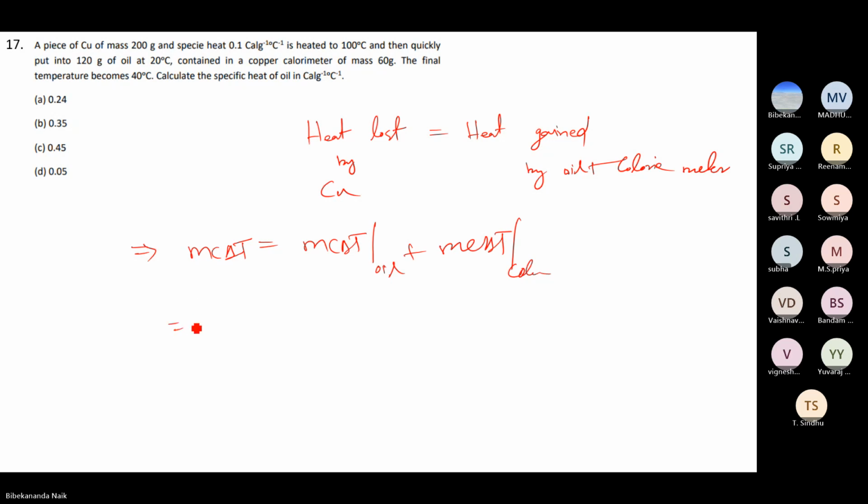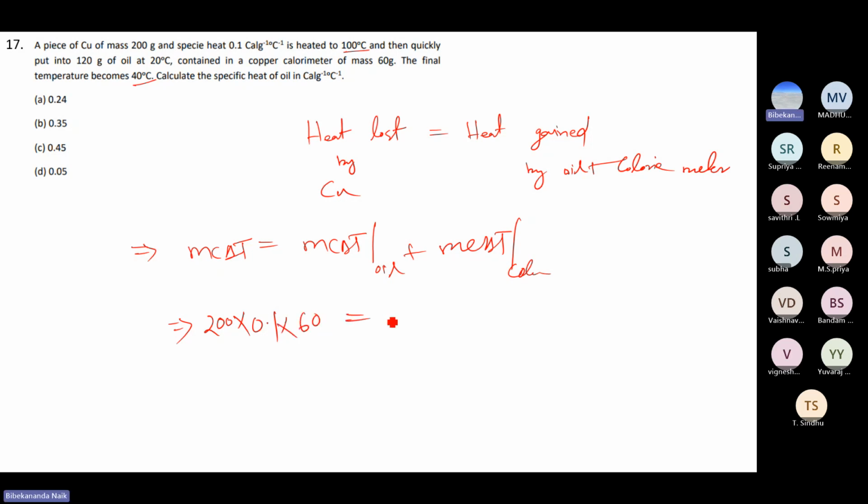So the mass of copper is 200 grams, so 200 into the specific heat of copper, which is 0.1, and delta T. What is delta T? That is the initial temperature minus the final temperature. The initial temperature of copper was 100 degrees Celsius and the final temperature is 40 degrees Celsius, so it will be 100 minus 40, that is 60 degrees.